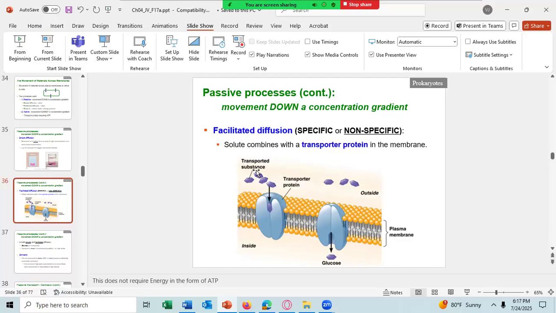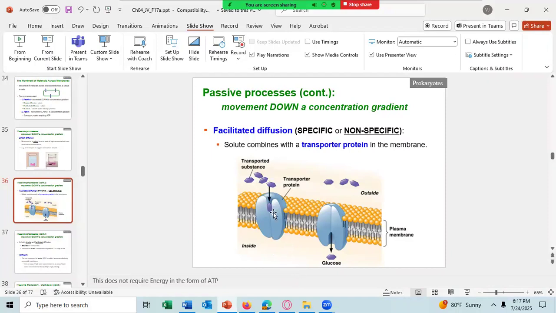The fructose will be higher outside the gut cell than inside the cell, and it will move through this transporter protein, or the channel protein, into the cell. But once the fructose outside the cell equals the fructose inside the cell, there'll be no net movement of fructose into the cell.